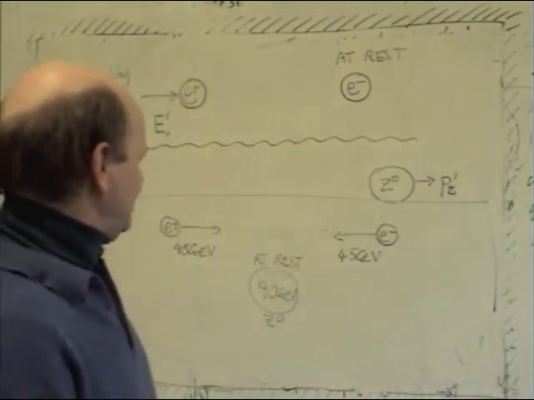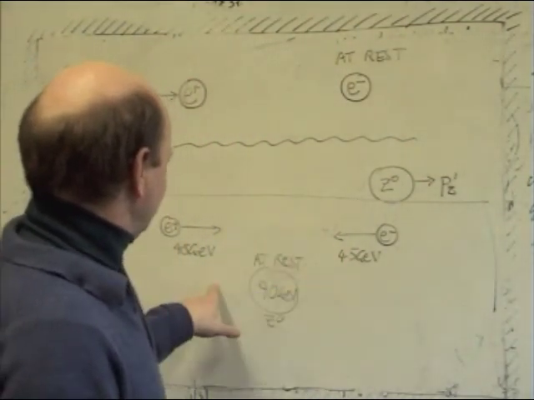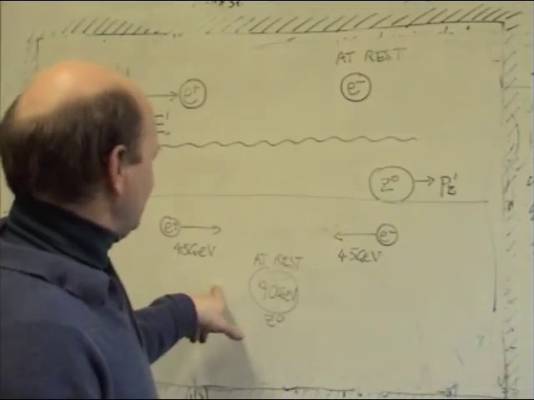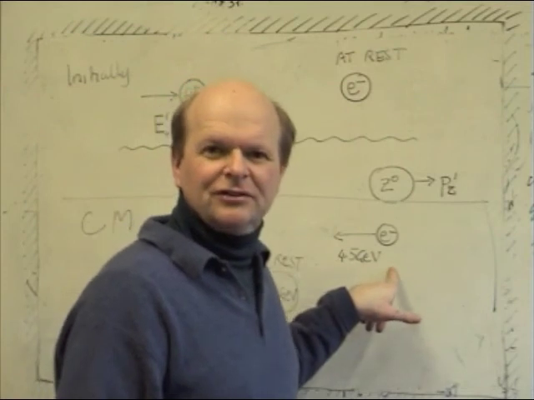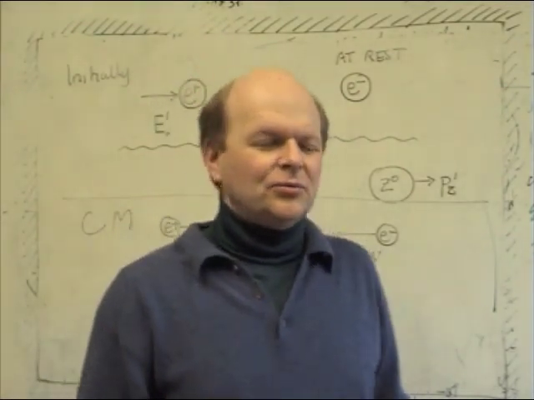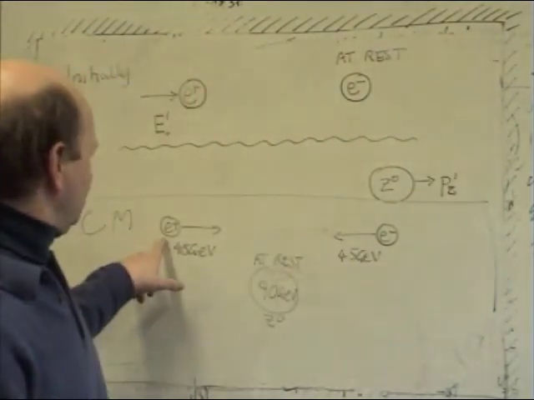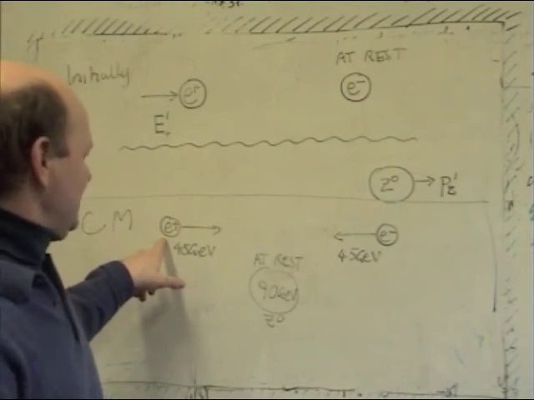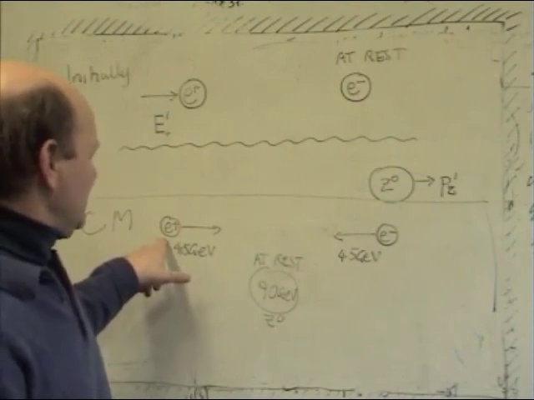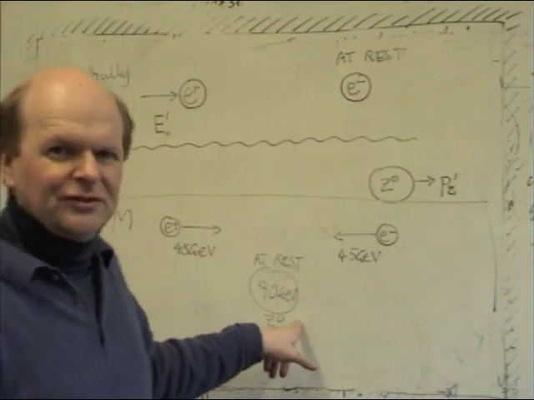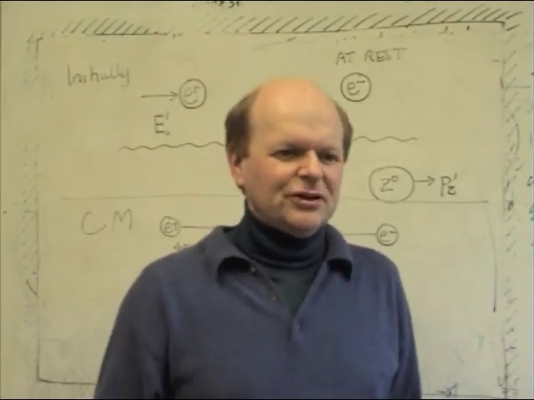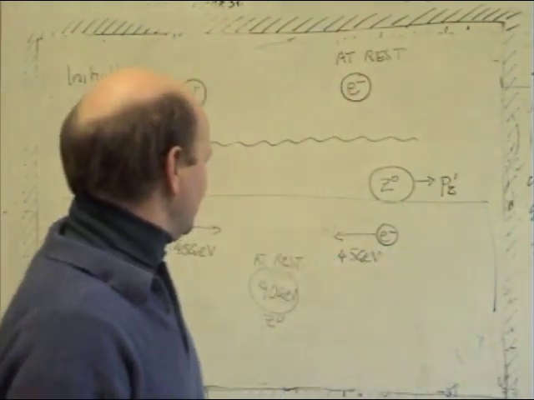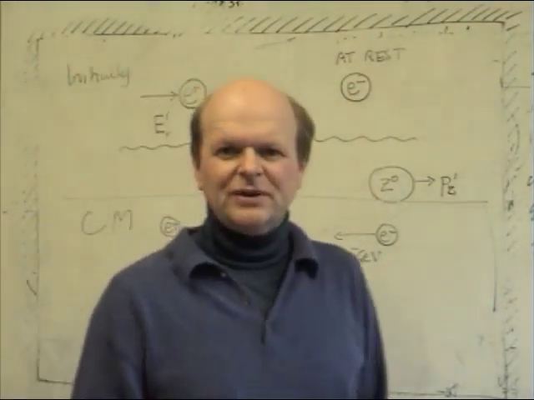We know that we can make a 90 GeV Z0 at rest from a positron and electron moving with equal and opposite momentum towards each other. So all we actually have to do is take this set of physics and Lorentz transform it to the frame where the electron is at rest. If we can do that, we will have found the energy that the positron has in that frame. If the Z0 is produced in the centre of mass frame, it will also be observed to be produced by an observer in the frame in which the electron is at rest.